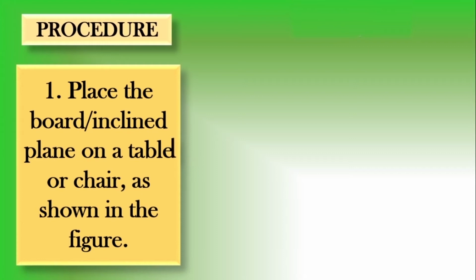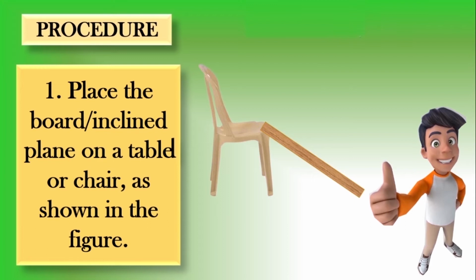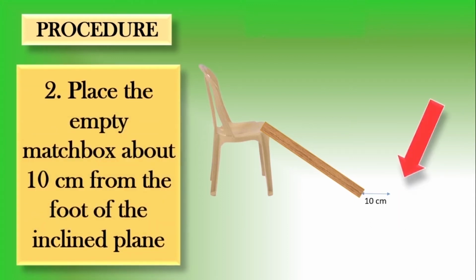You have to do the following. Number 1, place the board or inclined plane on a table or chair. Number 2, place the empty matchbox about 10 centimeters from the foot of the inclined plane.